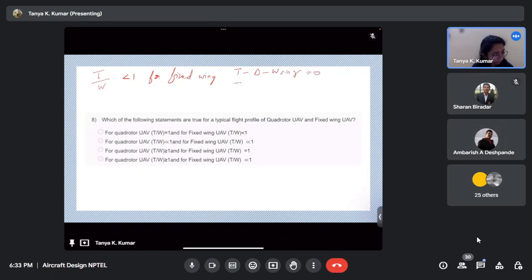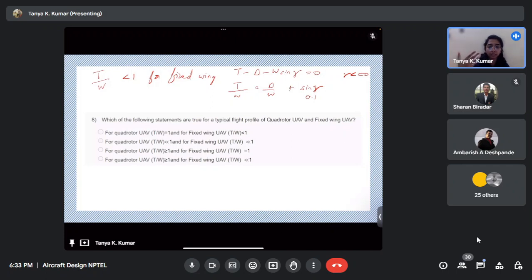So here you divide throughout by weight, and you get T by W equals D by W plus sine gamma. Now, if you take a very small gamma value, you get something around 0.1. I think this is an example that sir did in the class.